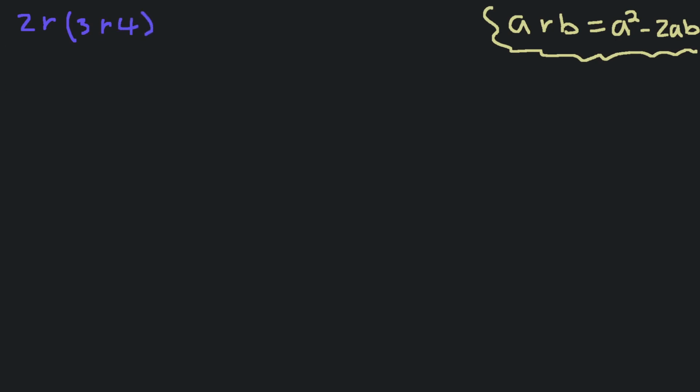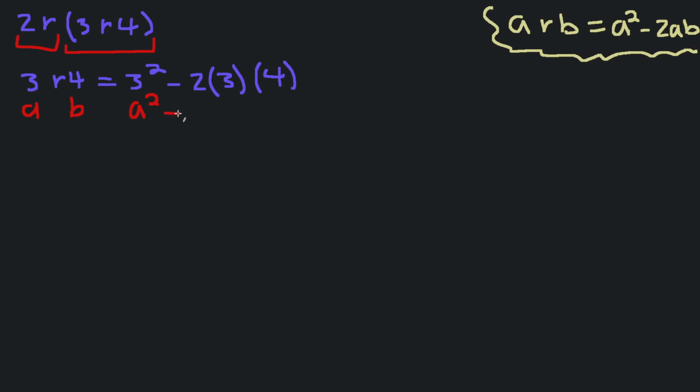So the first thing I'm going to do is ignore this guy and focus on my parentheses first. So if we do 3 ⊗ 4, and if we look at our equation here, that's going to be 3 squared minus 2 times 3 times 4, because this is my a, this is my b, this is a squared minus 2 times a times b.